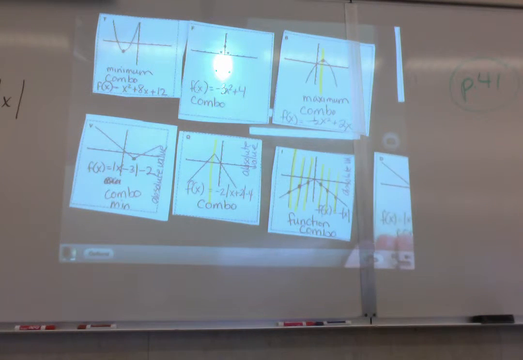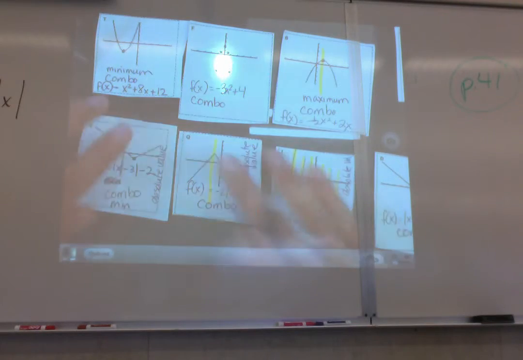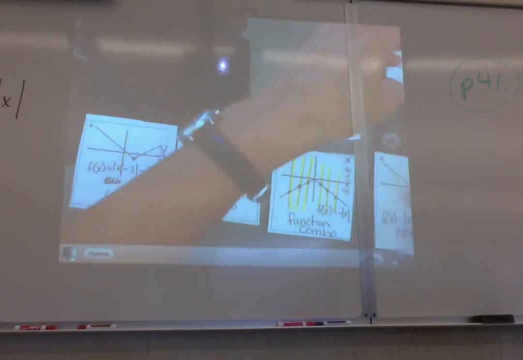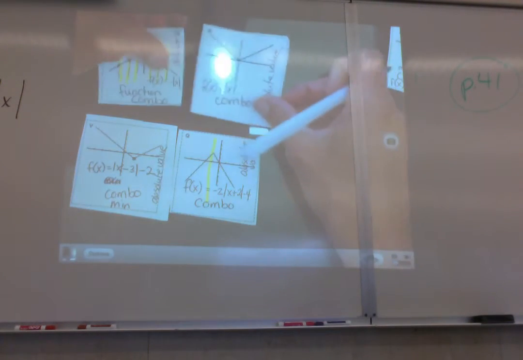Okay, are you writing absolute value on all of these pieces? Okay, and now I'm going to write it on D as well. Absolute value. Okay, I'm going to set these aside for a minute so I can get D up there.